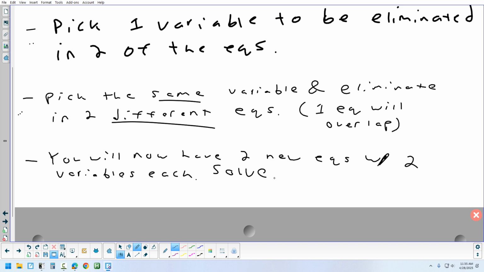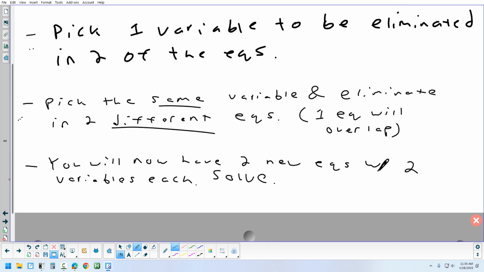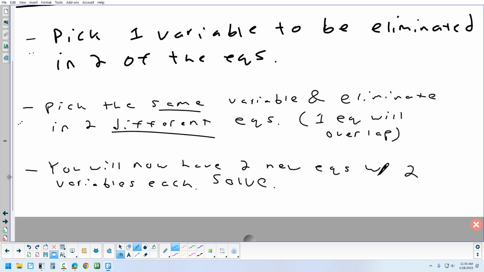And then from there, we basically repeat everything we've done with 2 variables. Okay, so that's the general steps. The thing is, there's a lot more choices.